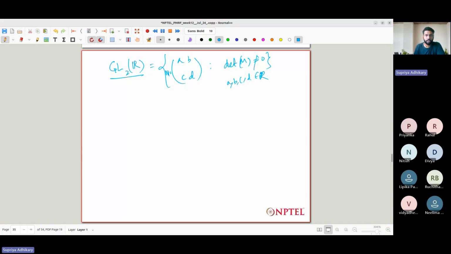So if you consider this, then this actually forms a division ring. Why? Okay, sorry, this is not a division ring. Because with respect to multiplication it is not commutative, so this is a ring, but not a division ring.